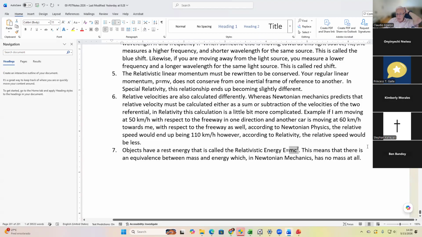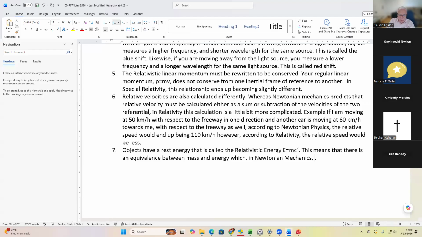This means that there is an equivalence between mass and energy, which in Newtonian mechanics there is no such equivalence. So, seven different consequences of the special relativity postulates.